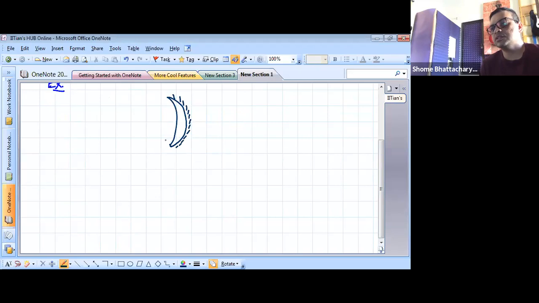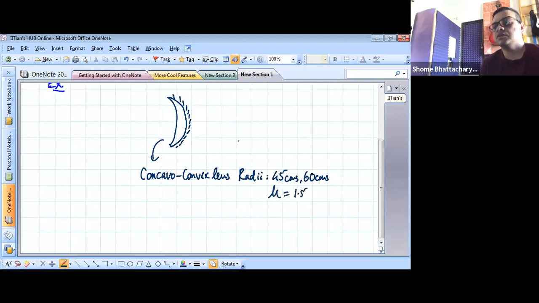So this is a concavo-convex lens with radii, let's say 45 centimeters, 60 centimeters, and refractive index of glass equal to 1.5. And this is silvered from this side.